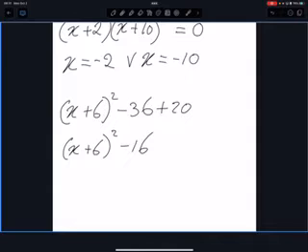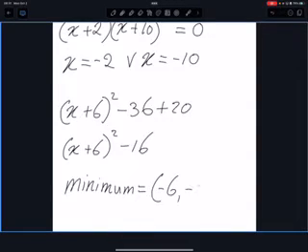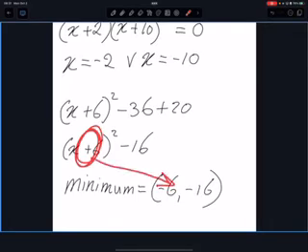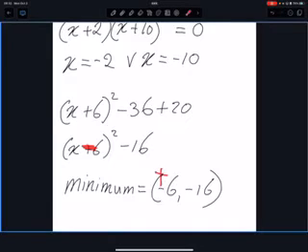So where is my minimum? At -6, -16. Remember, when it's positive in the brackets, it's negative coordinate. If it's negative in the bracket, it's positive coordinate.